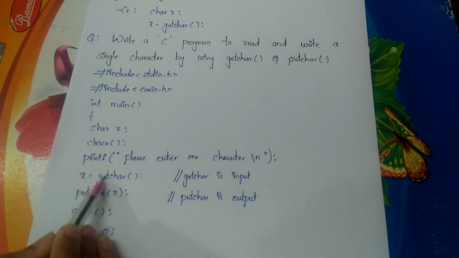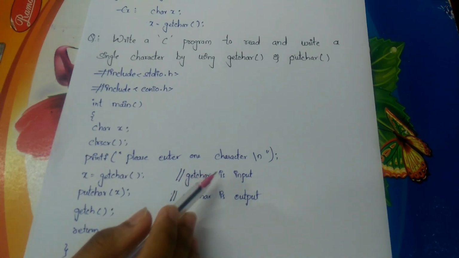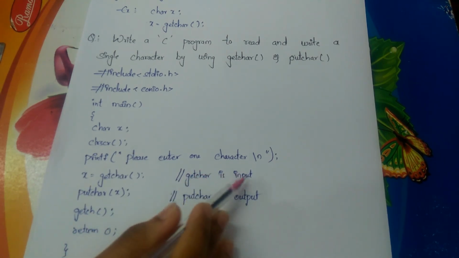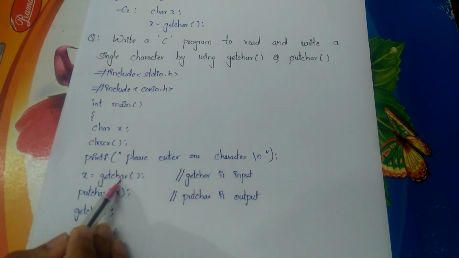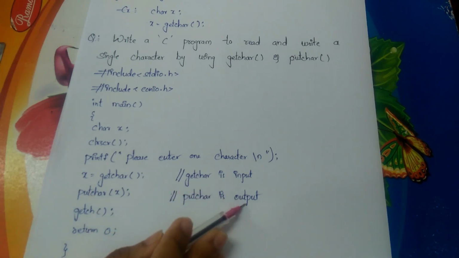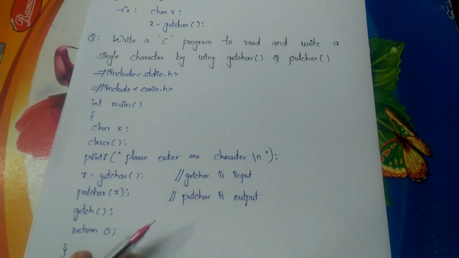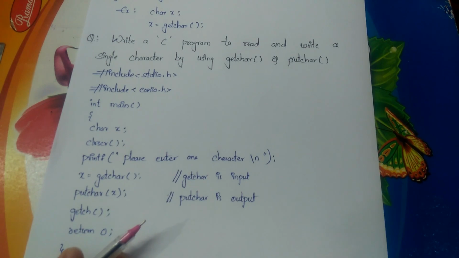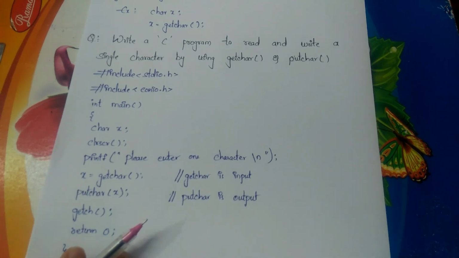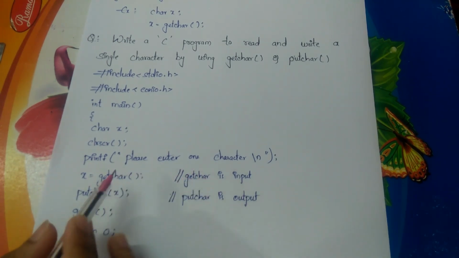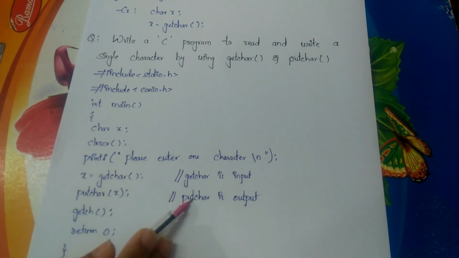So x = getchar() is for input. Now we have to give the input, and putchar is for the output. First we have to give the input, then we print the output. To give the input we are using getchar, and to get the output we are using putchar.